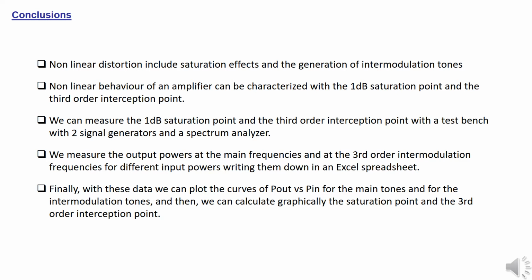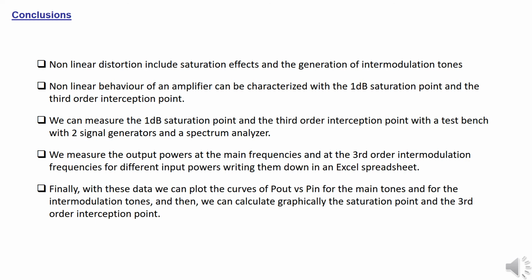You have measured these two values for an amplifier, specifically the ADL5545 from Analog Devices, and to measure that we only need a test bench with two signal generators to generate two frequencies quite close to each other.